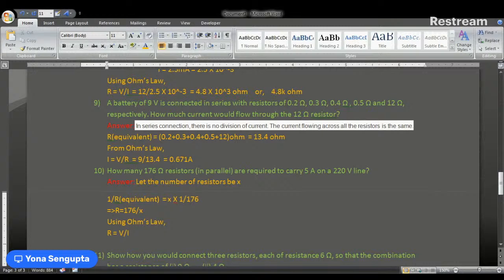It gives 176 by x equals V, which is given as 220, by the current here, which is 5 A. So 220 by 5.